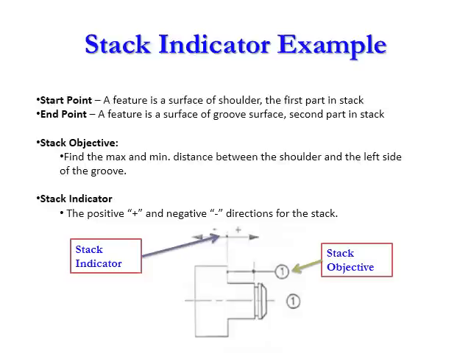The second point is a feature, a surface of a groove. That is the second part in the stack. The stack objective here is to find the maximum and minimum distance between the shoulder and the left side of the groove. Stack indicator: the positive and negative directions for the stack.